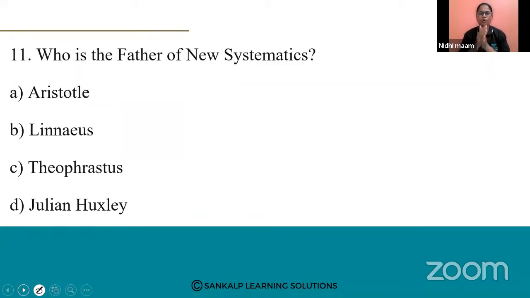Next question. Who is the father of new systematics? Aristotle, Linnaeus, Theophrastus, Julian Huxley. Who is known as the father of new systematics? The quick response is given by Dhavina. Okay. Yes, what about others?